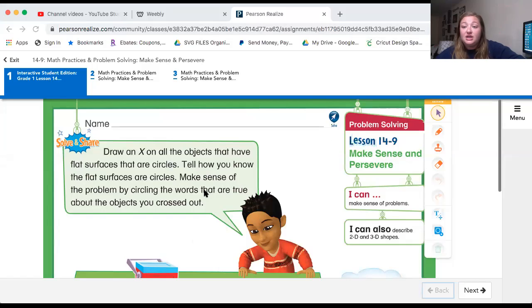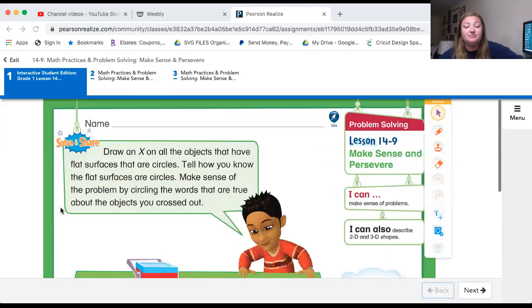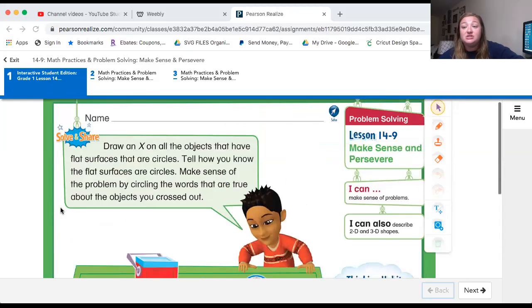So the first thing that pulls up is your solve and share. And so the directions say, draw an X on all the objects that have flat surfaces that are circles and tell how you know. And for the tell how you know part, you can just tell your parent, that's fine, you don't have to write it. Well, there's nowhere for you to write it, but just tell your parent or whoever's helping you how you know those are flat surfaces that are circles.